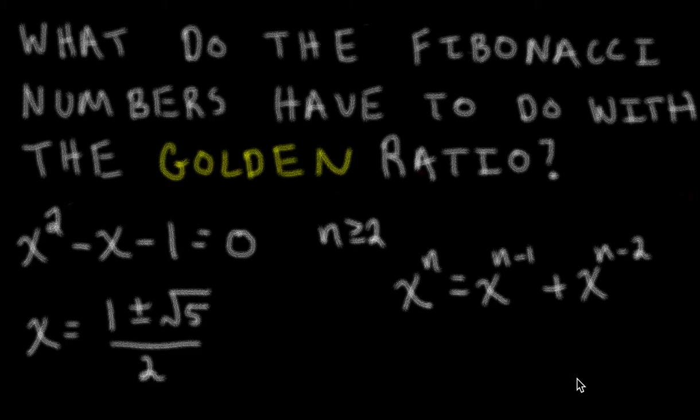And now you're starting to see the connection here with the recursive formula for the Fibonacci numbers. If I have a solution to this quadratic equation, it's going to satisfy a recursive formula similar to that of the Fibonacci numbers. Okay, so let's explore this in a little bit more detail.